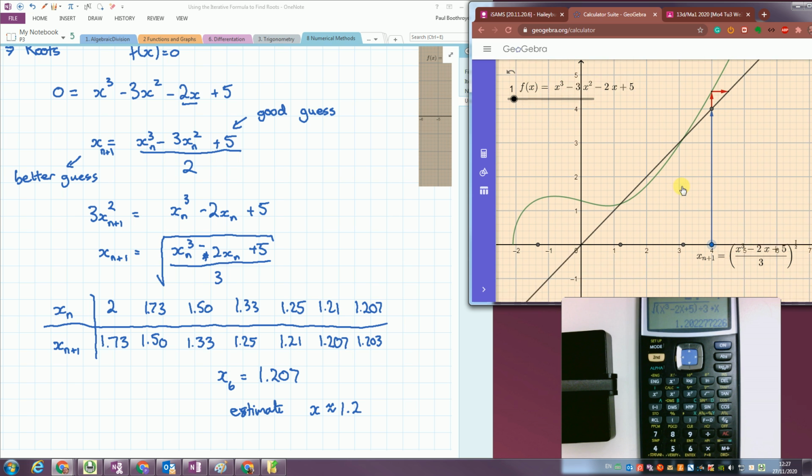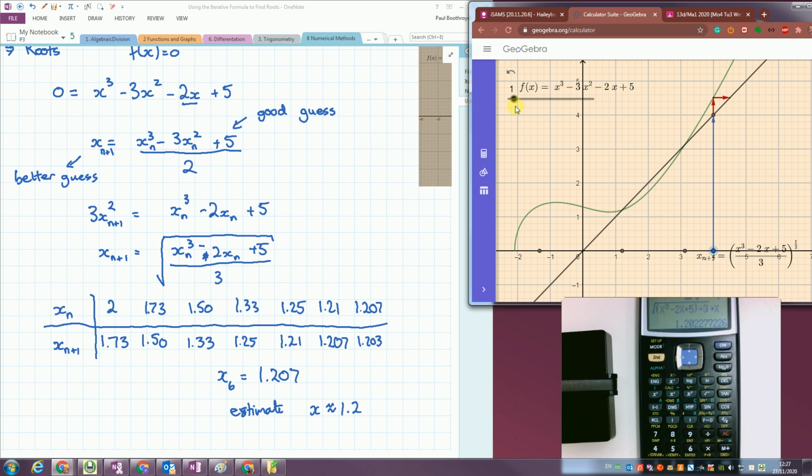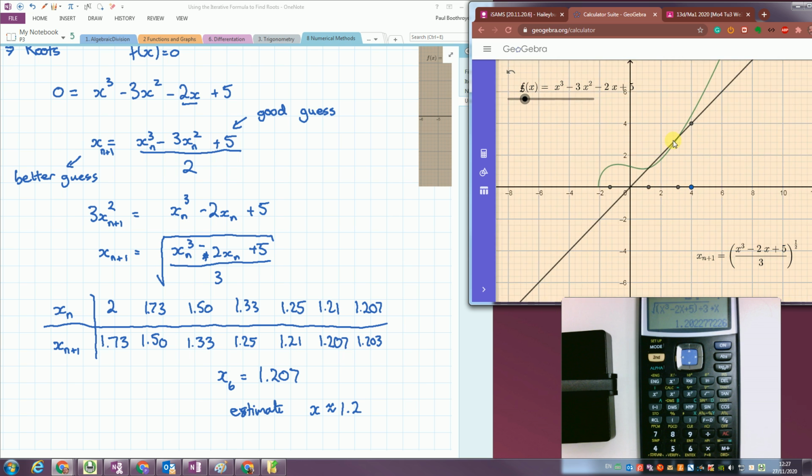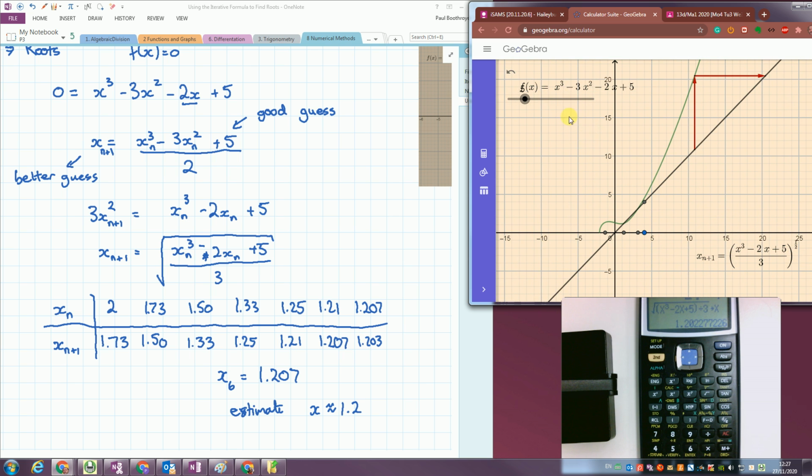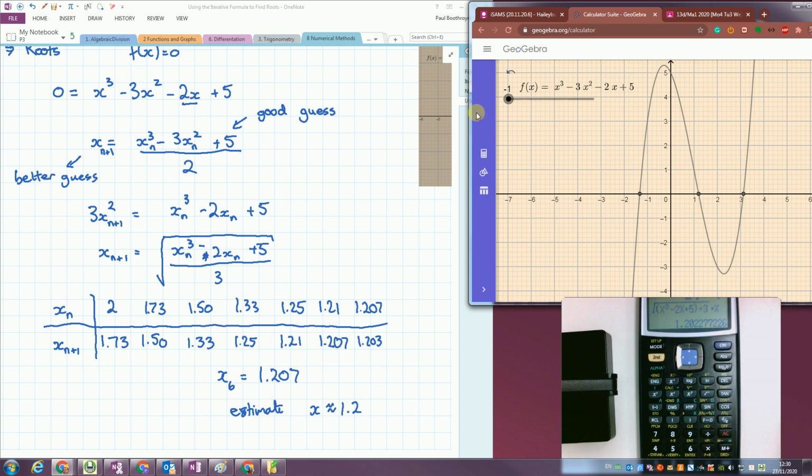So at number 1, I'm moving that way. If you look at what's happening, each time I try another value, I'm getting further and further away. So not all answers are good. X equals 0 doesn't always give me an answer. So you've got to have a good value and you've got to have a good function.